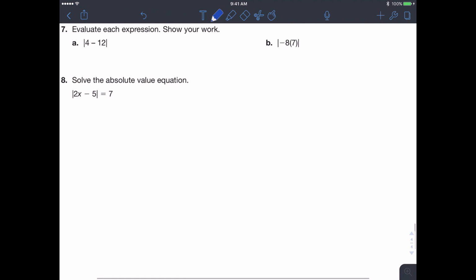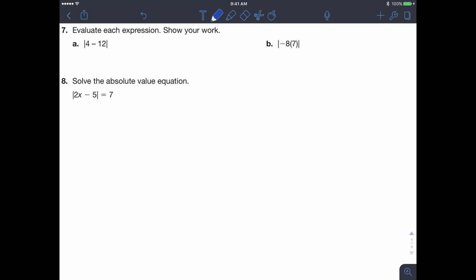And we end with absolute values. Okay. So let's go ahead and do these. Absolute value of 4 minus 12. Well, go ahead and do the absolute value first. So think of it, I don't want to say think of it like parentheses, but when I was growing up, that's how I used to do them.